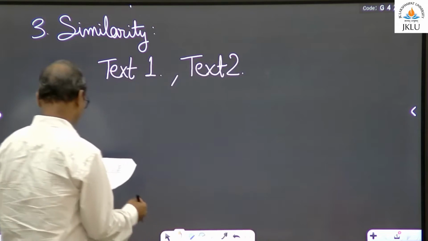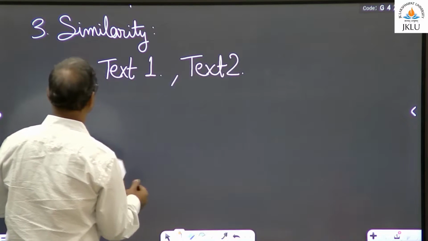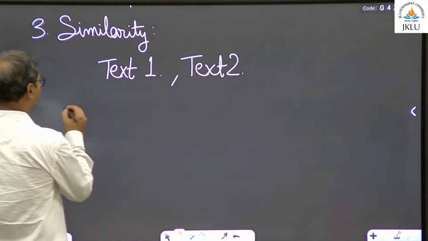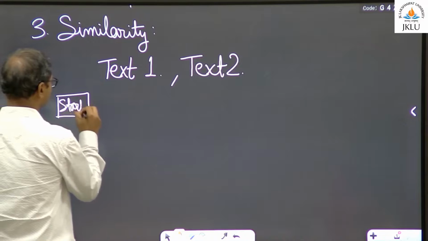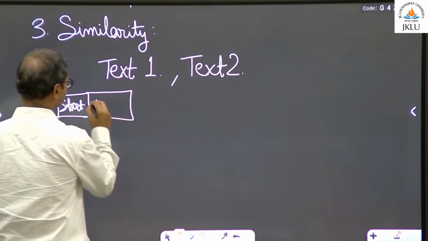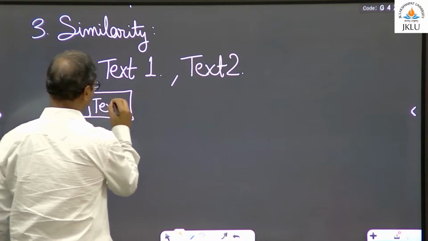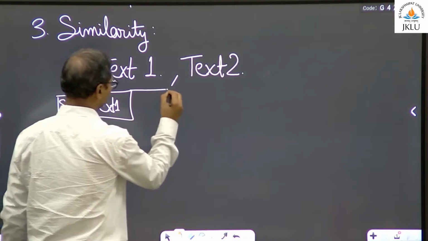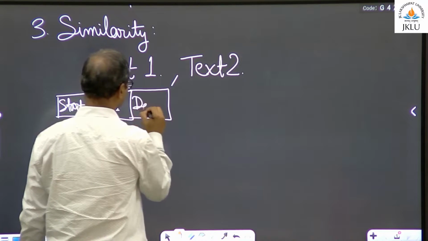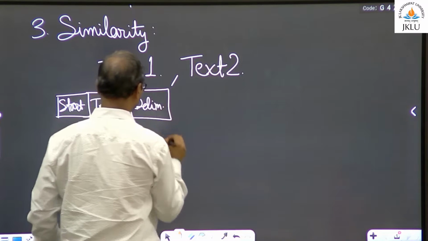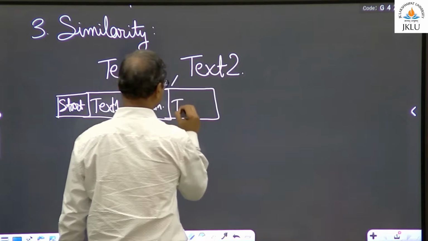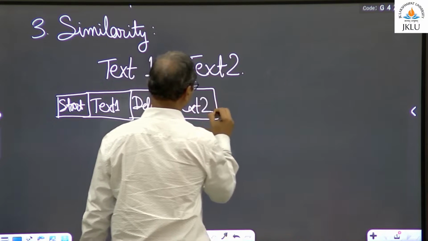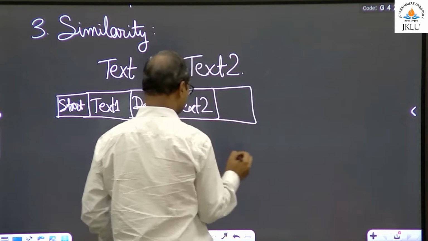Okay. So now again, how do I draw this? Start and then text 1, then comes delimiter, then you have this text 2. What will come last?